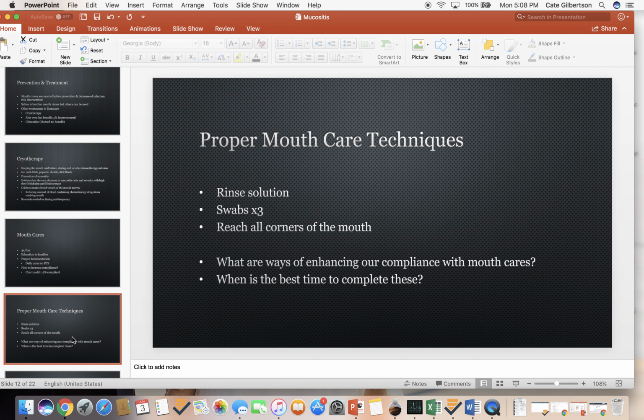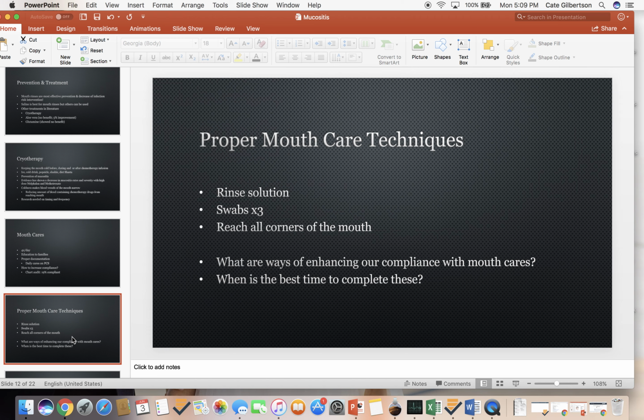We want to use swabs to clean the mouth. Our patients a lot of times have low platelets, and so once they start chemotherapy, they're not allowed to use the soft toothbrushes anymore. Up on Unit 5, it may be a bit different. But typically use 3 to 4 swabs, and we just want to make sure we reach all the corners of the mouth. What I teach families, and everyone can have a different technique, is doing one for the left, one for the right, and then teeth and tongue and the palate.